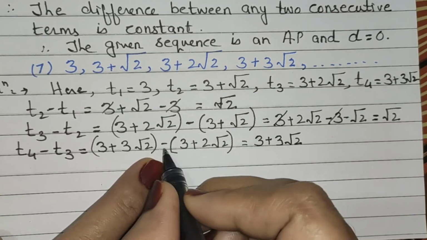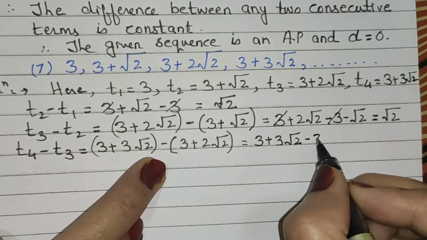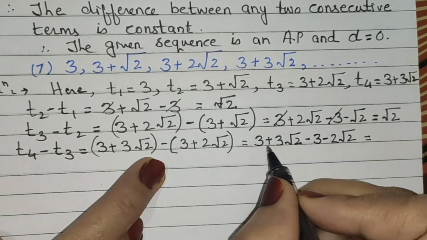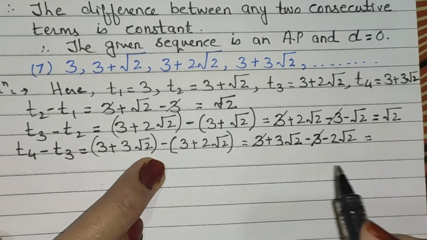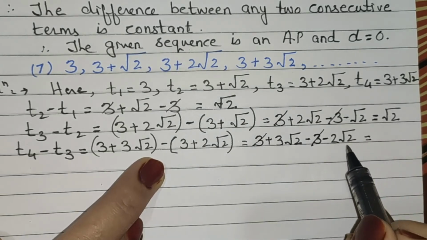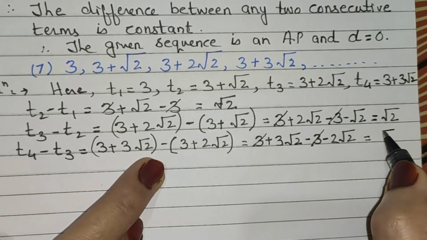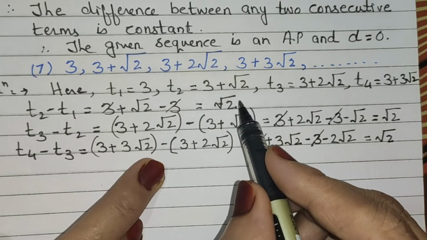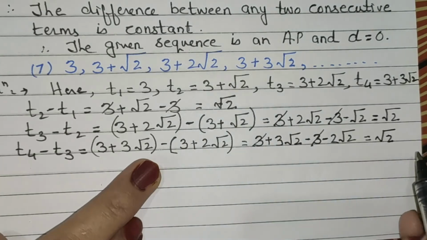Multiply each and every term by minus 1. Therefore we get minus 3 minus 2 root 2. Now here plus 3 minus 3 both are cancelled. 3 root 2 minus 2 root 2. We get here 1 root 2. It can be written as root 2. Now look at the differences here. Square root 2, square root 2, square root of 2.